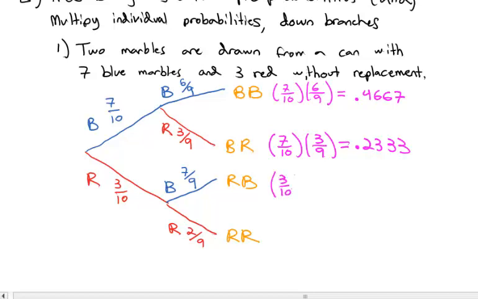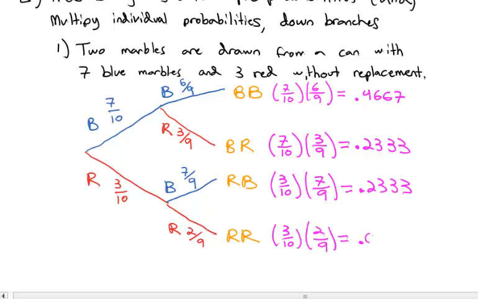Red-blue, that's 3/10 times 7/9 equals, again, 0.2333. And red-red is 3/10 times 2/9, which is 0.0667.